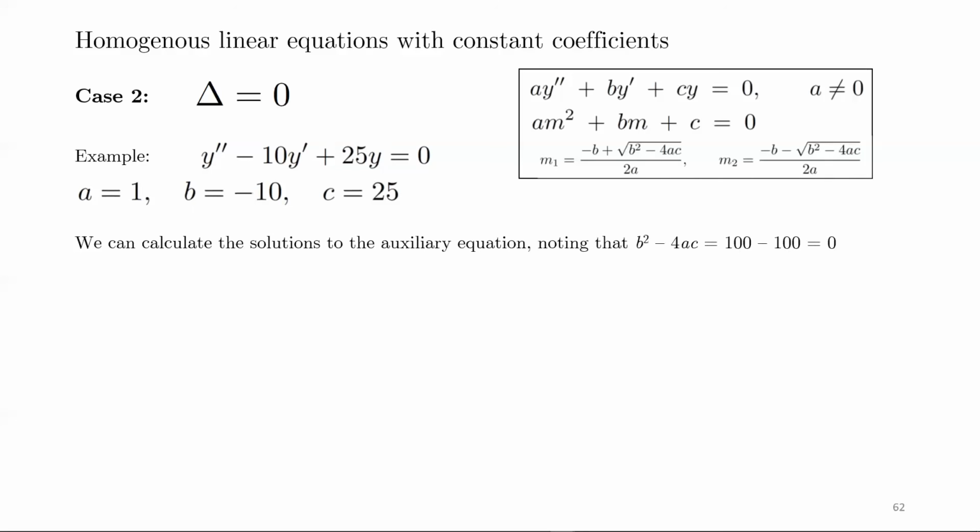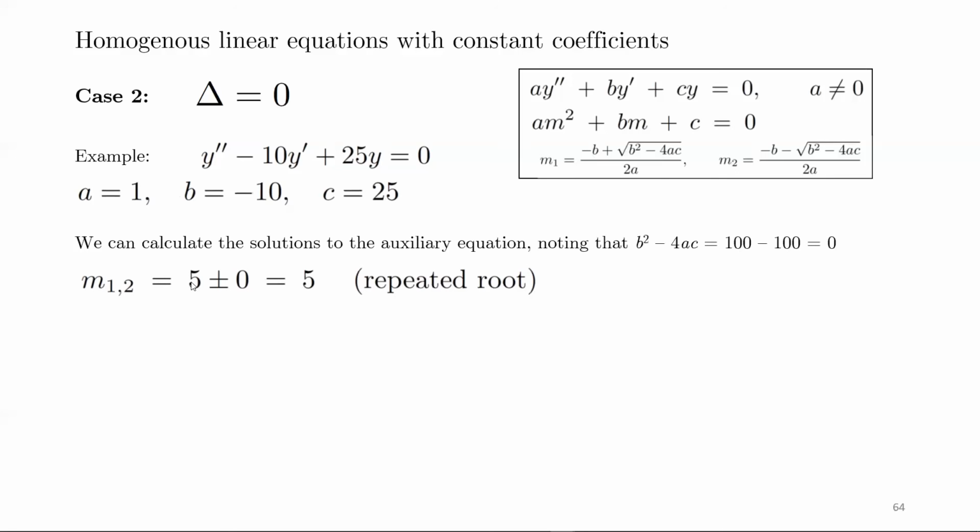root, or one repeated root, or one repeated solution to this auxiliary equation, which is going to be minus b over 2a. Well, minus b is 10, over 2a is 2, so 10 over 2 is 5. I'm not sure why I put the plus or minus 0 here, but the only solution we have is 5. We have a repeated root.